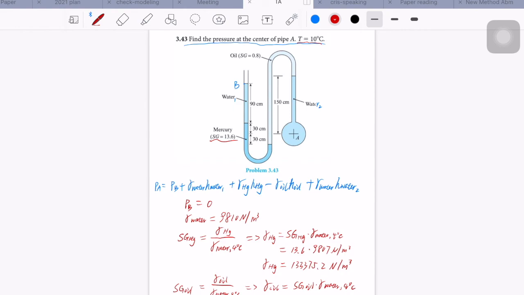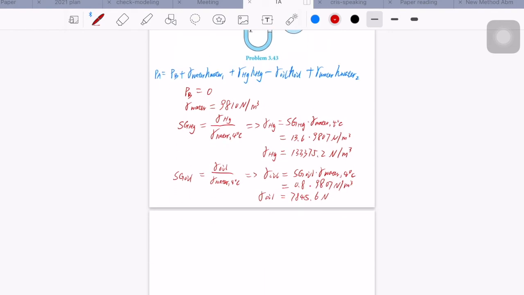From this figure, Sg oil equals 0.8, times 9807 Newton per cubic meter. So we can get that gamma oil should be equal to 7845.6 Newton per cubic meter.